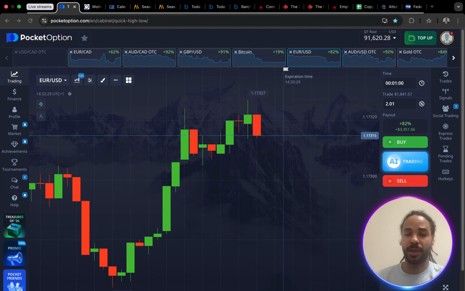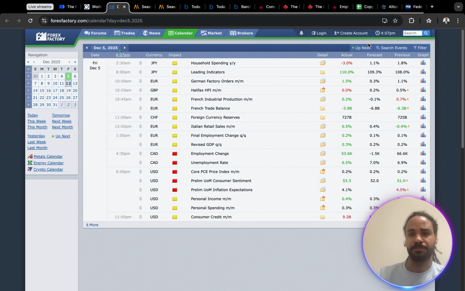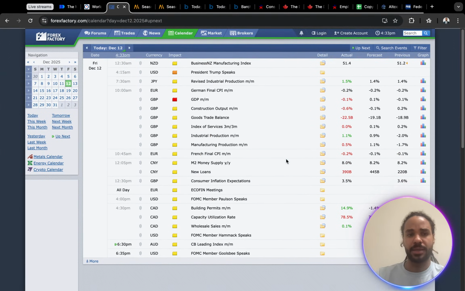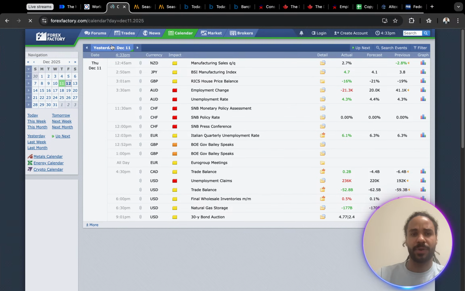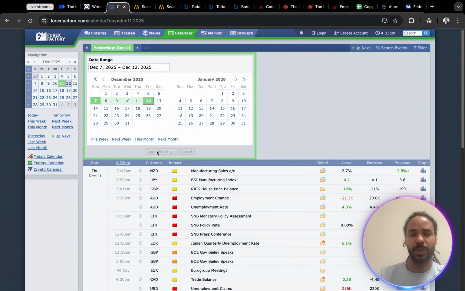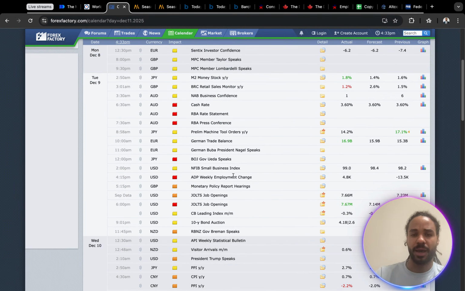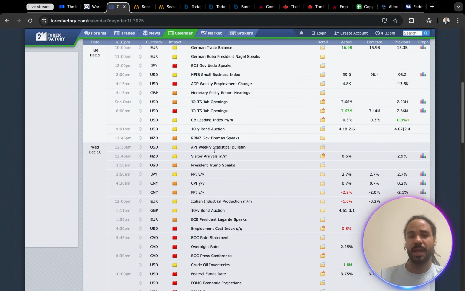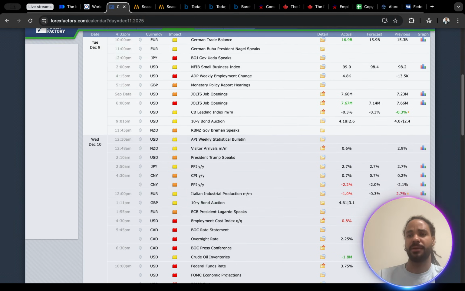You see, we're talking about Fed cuts, right? So I'll just open my calendar here. Today's the 12th. And if you've been critical enough to check out what has been happening this week, we had quite a lot of interesting news releases. We had the RBA rate statement for the Australian dollar. We saw some volatility, and then ADP came in, right?